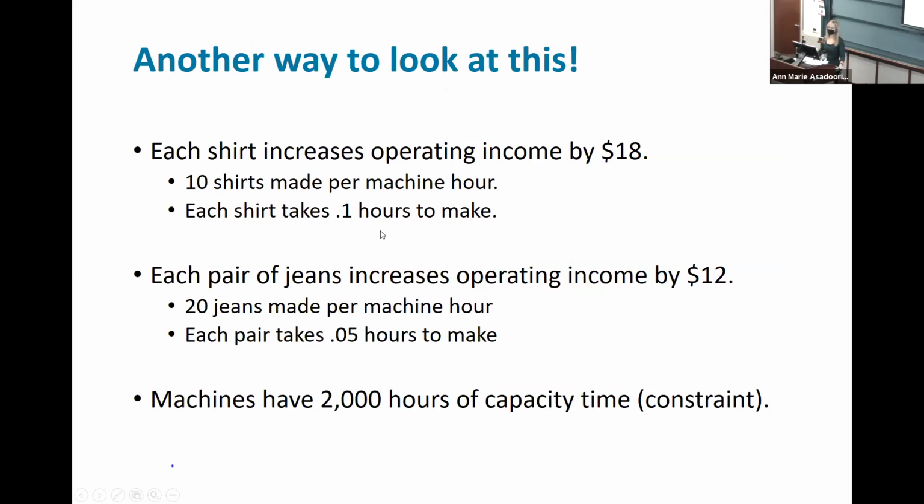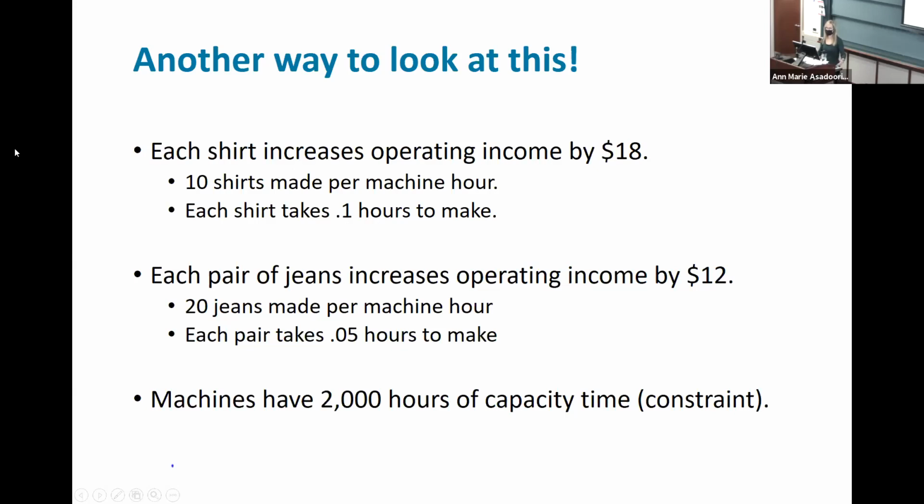In the last example, I told you how much time it takes to make each one of those units. Another way of giving you almost the exact same information is telling you I can make 10 shirts in 1 machine hour. If I'm telling you it takes 0.1 hours, that means I'm taking 1 hour and dividing it by shirt, so each one takes 0.1 hours.